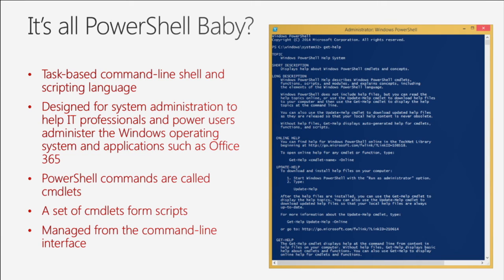So do remember that you need to add in the Microsoft Online module. If you want to do Exchange, you need to use the Exchange Management Shell. If you want to do SharePoint, you need to use the SharePoint Management Shell. If you want to use Skype for Business, there is a Skype for Business Management Shell. So just to confuse everybody.